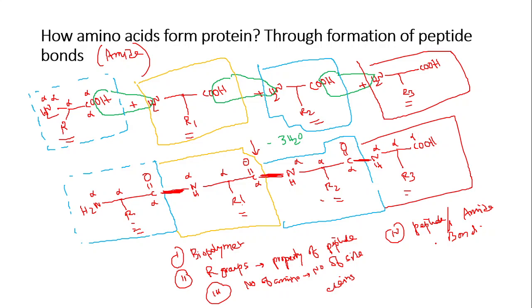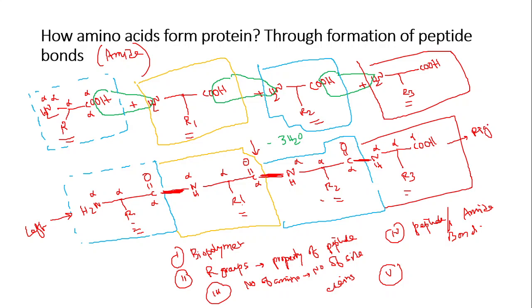Another thing that I did not mention, but is implicitly present, is that when you draw a peptide structure, the amino end should be on the left and the COOH should be on the right side.